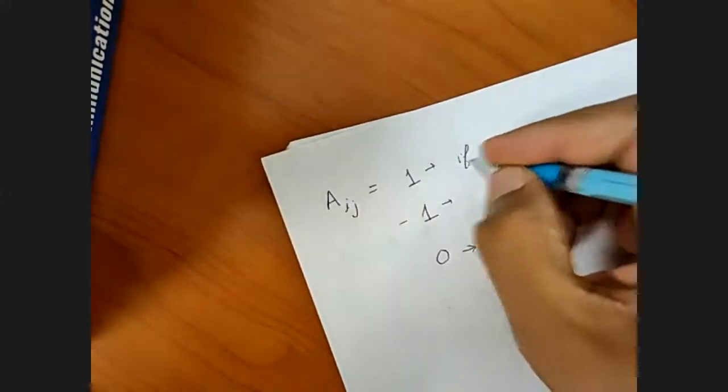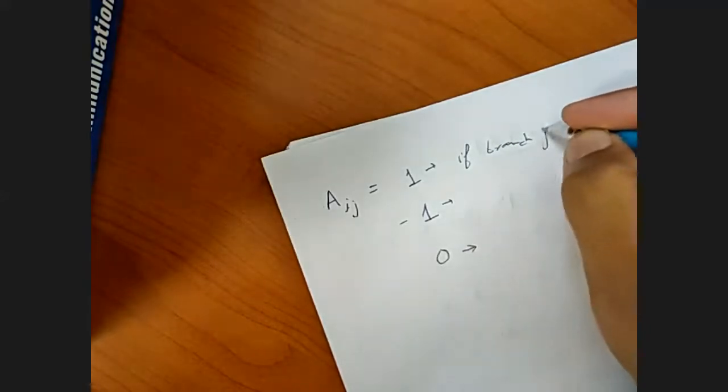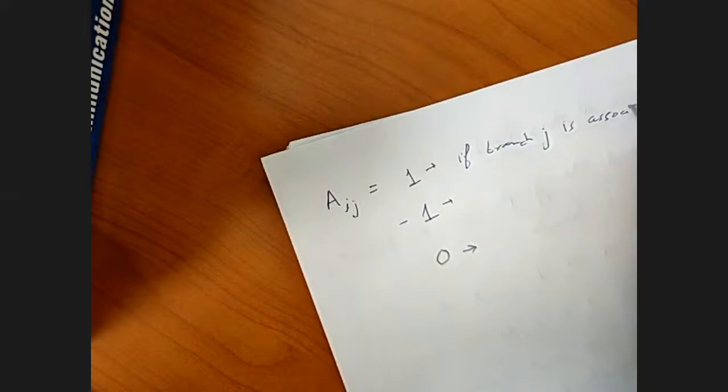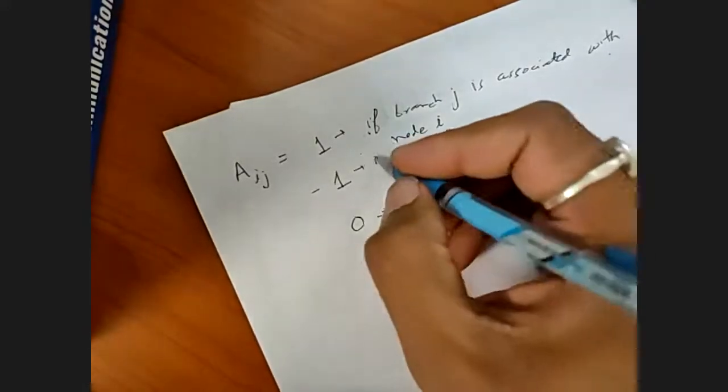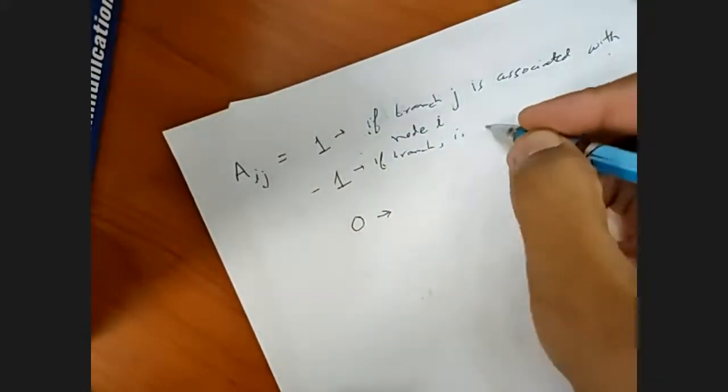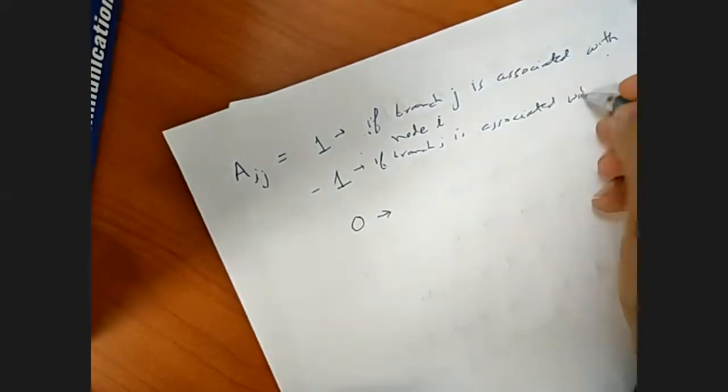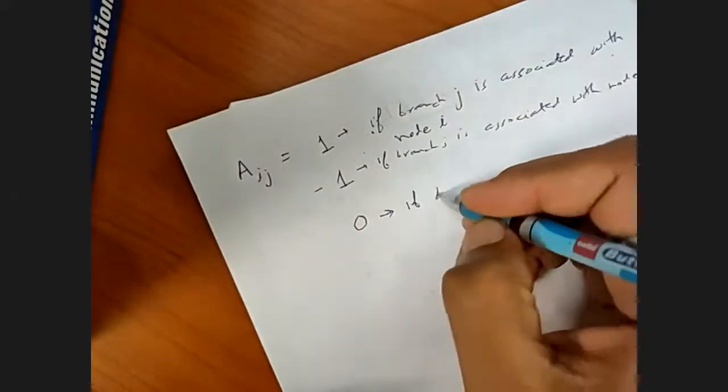That means if branch j is associated with node i, it is nonzero, and 0 if branch j is not connected to node i. 1 means connected, 0 means not connected.